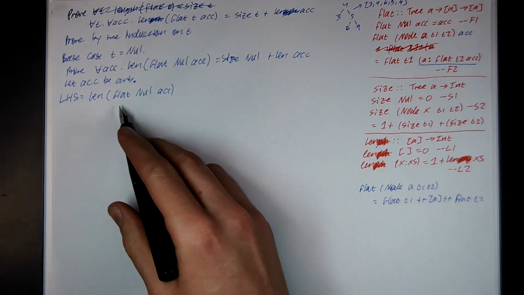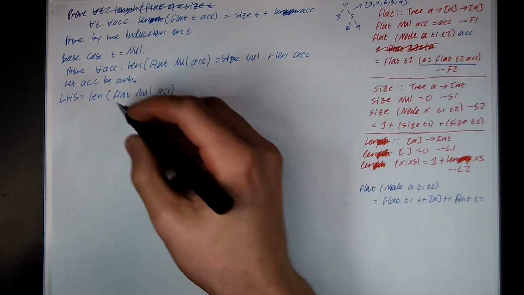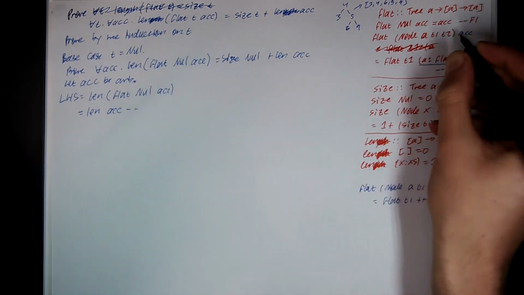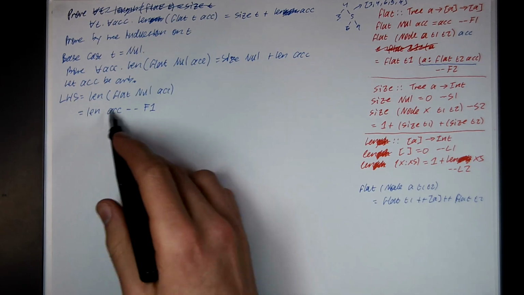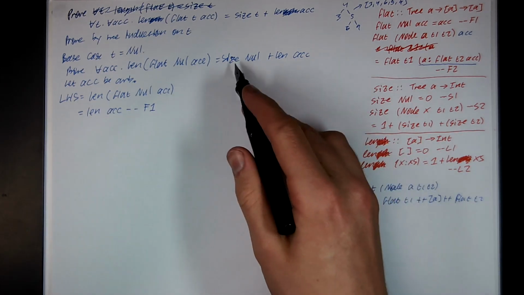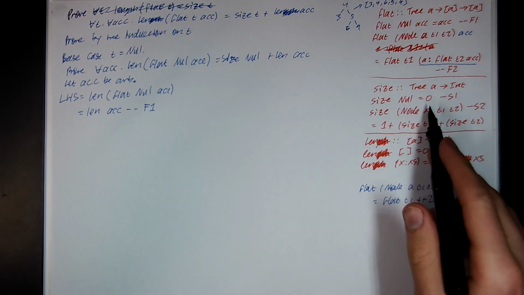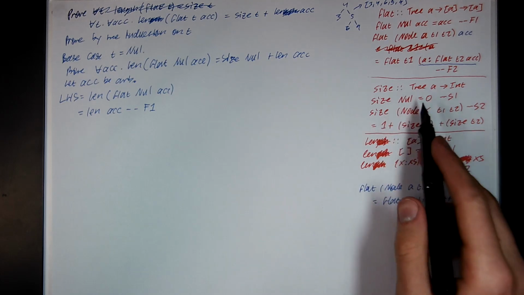Let's look at the definition of flatten. If the tree is empty, which it is, this just returns ACK. This becomes len of ACK by rule F1. Okay, and now I've got to somehow get from here to the right-hand side. Well, we know the size of the null tree is 0, from definition. So what I can do is add in a 0 term here, and then use this rule backwards.